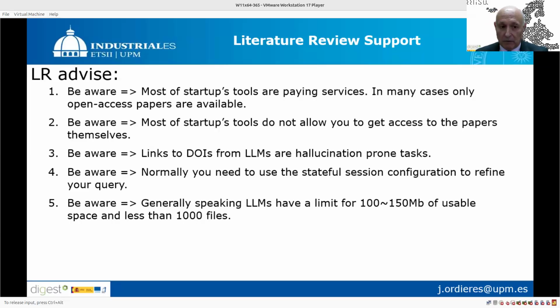Some of them use Crossref as the source for summaries and abstracts, but that's a limitation we need to be aware of. A second limitation is that in most cases they don't give you the sources of the papers they were using, so you need to trust the black box behind the tool itself. And be careful with the DOIs, because hallucination with DOIs is very, very common.